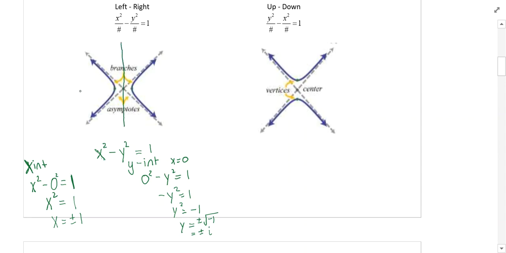See how I'm crossing the x-axis, but never crossing the y-axis? So that's a quick verification of why x squared minus y squared is going to be a left-right, and y squared minus x squared is going to be an up-down.